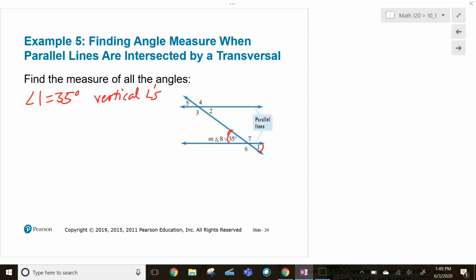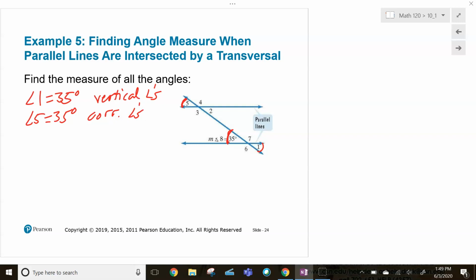Now let's use what we just talked about, since we have these parallel lines with the transversal. Let's do the corresponding angle to angle 8. If this is 35 degrees, that's 35 degrees. Angle 5 is 35 degrees. It's called corresponding angles.